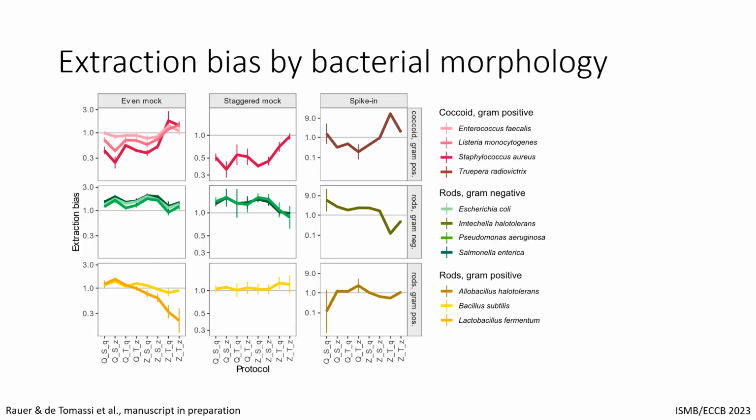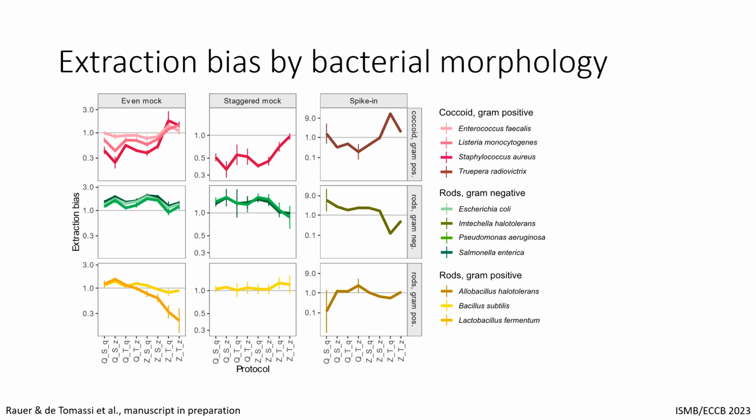We further compared this extraction bias between the individual taxa of our mocks. In this figure, the first thing that you can see is that there were extreme differences in the extraction efficiencies between the taxa and also between the different protocols that we used in this study.